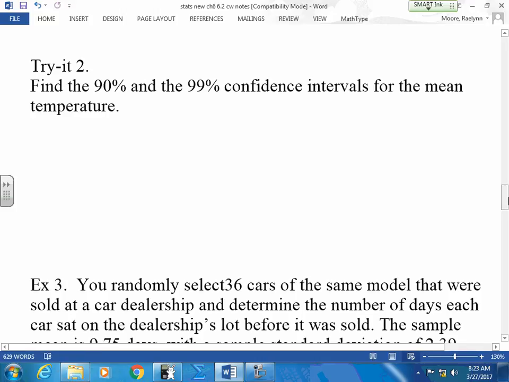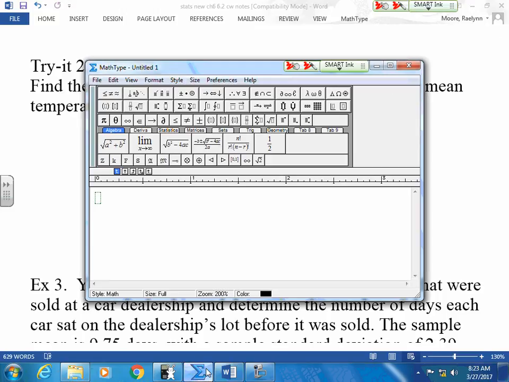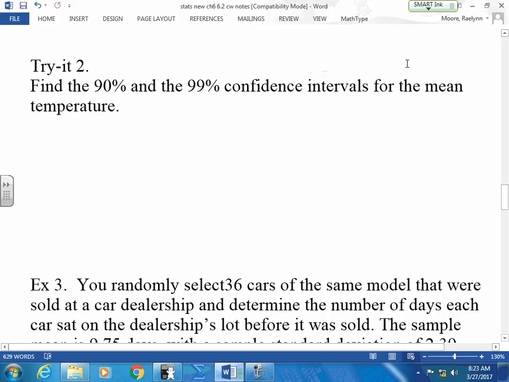Okay, now, I want you to take a minute, and I want you to redo that information. We had a mean, had a standard deviation of 10.0. We had an N of 16.